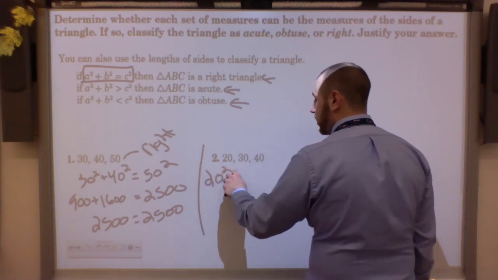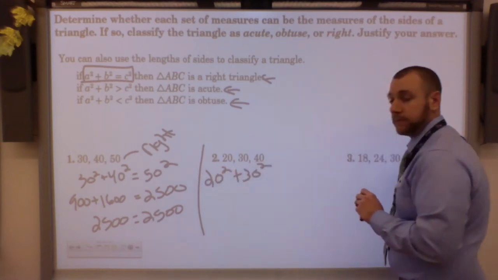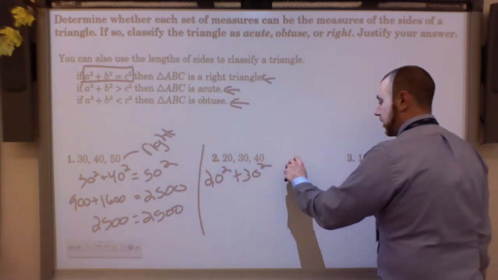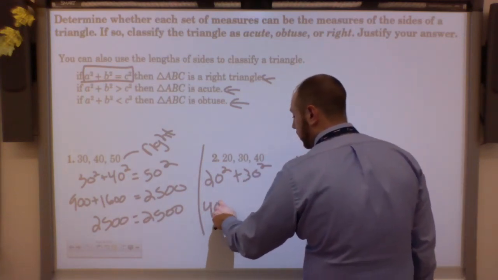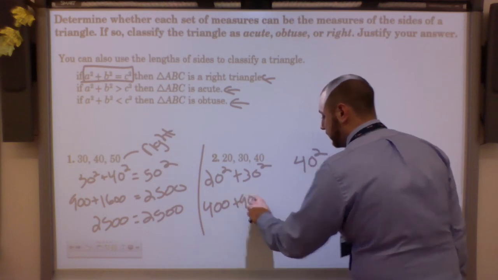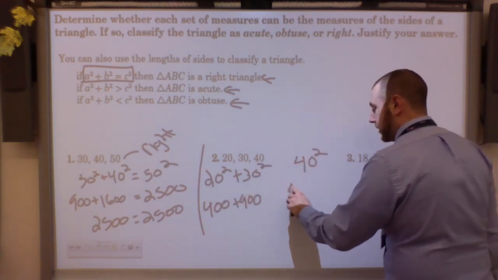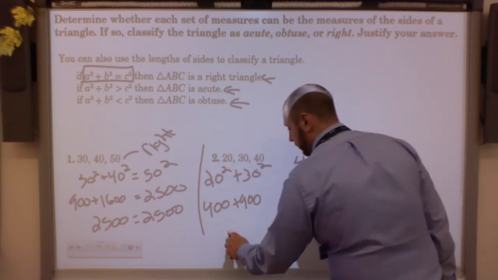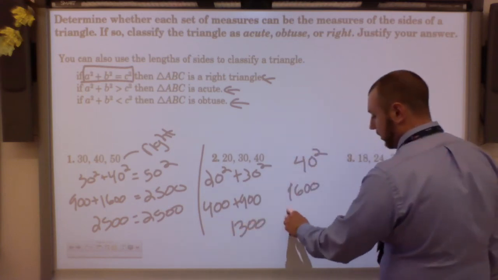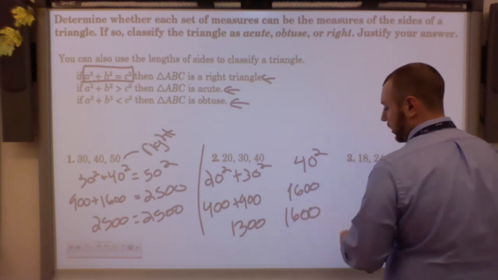While in this case, if I do 20 squared plus 30 squared, and then I have the 40 squared over here, okay? I have 400 plus 900, and this is 1600. 400 plus 900 is 1300, and 1600.